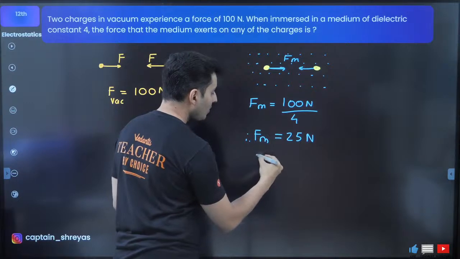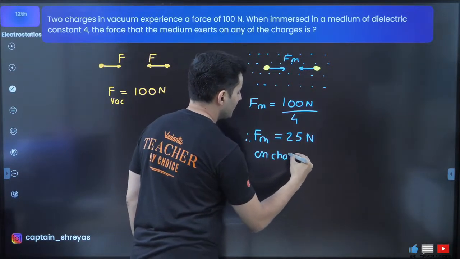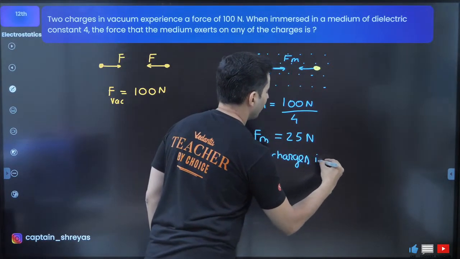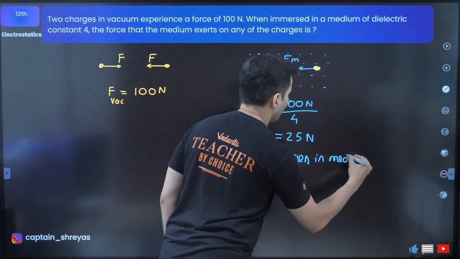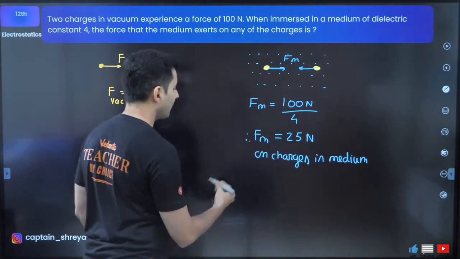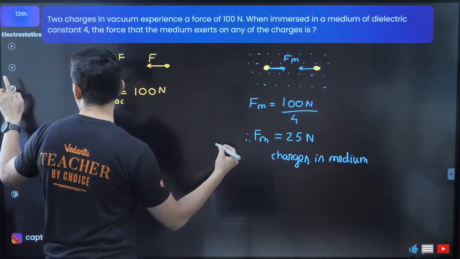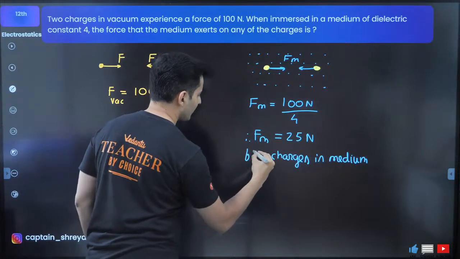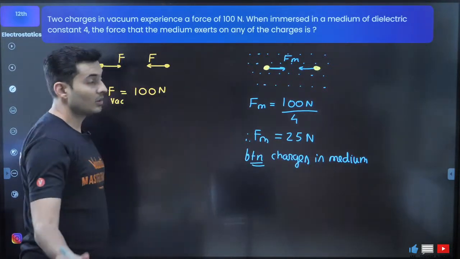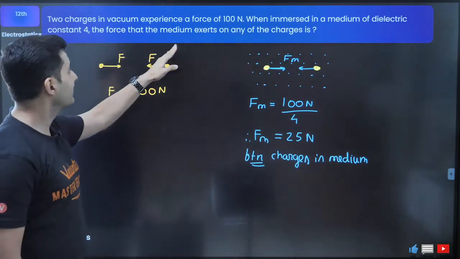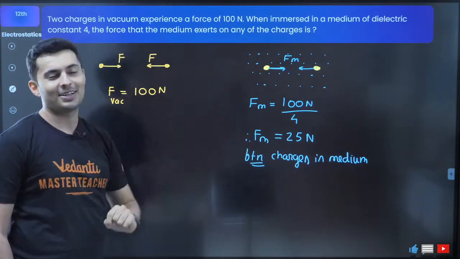This is on the charges in the medium. Or I would say between the charges. On the charges is not the right word. I would say between the charges. Now the question asked is the force that the medium applies on the charges.